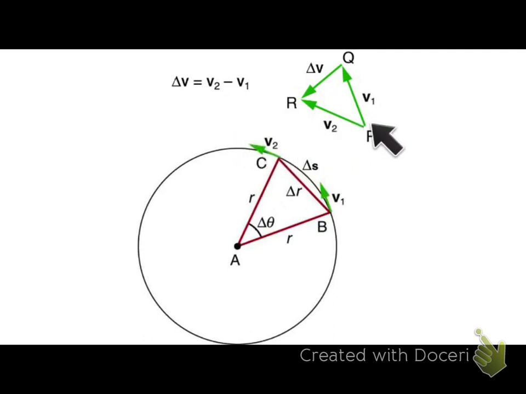If we add these graphically, look which direction the change in velocity goes. It's perpendicular to these, towards the center of the circle. So that's why we say centripetal acceleration is directed towards the center of the circle.